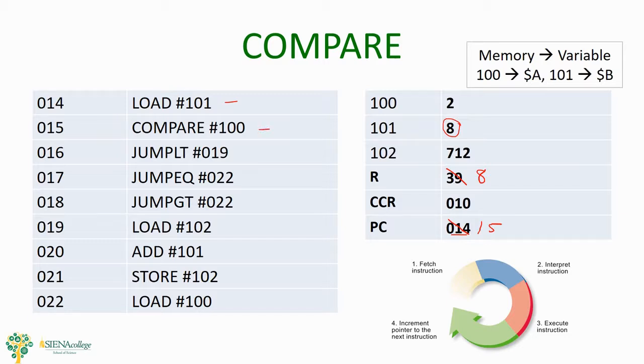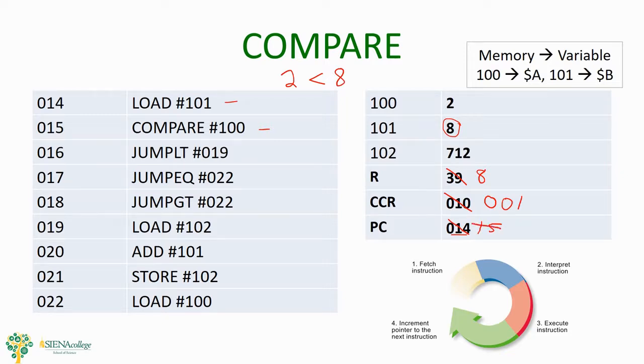Compare 100 says look at the contents of location 100, which is a 2, and see how it compares to our register. And the register has an 8. Well, the 2 is less than 8. So we will make our CCR 001 because 2 is less than 8.